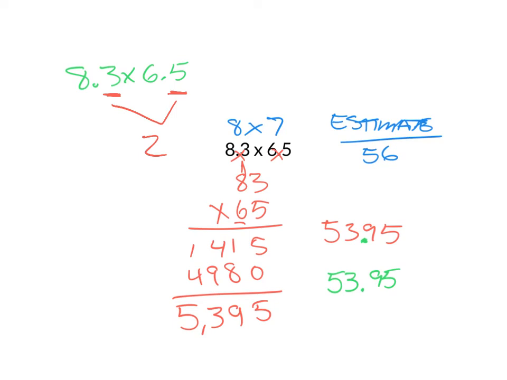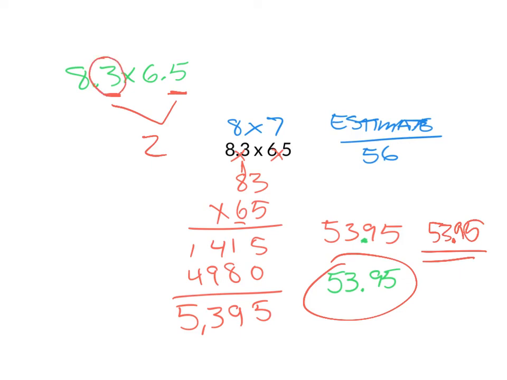That's why 53 and 95 hundredths works, because in 53.95 there are 2 digits behind the decimal place. And really what that's doing is, 3/10 times 5/10 equals 15 hundredths. So you know that your decimal place needs to go into the hundredth spot. But I like to estimate, and then that helps me figure out where I need to put my decimal.